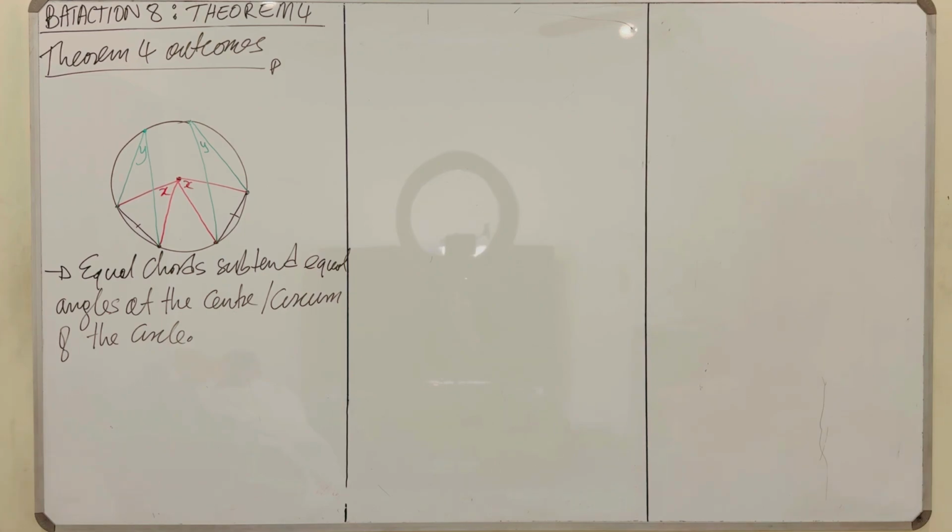If you want to be funny, you can say congruent chords subtend congruent angles at the center or circumference. We're being fancy now.